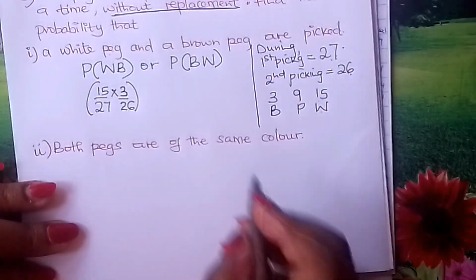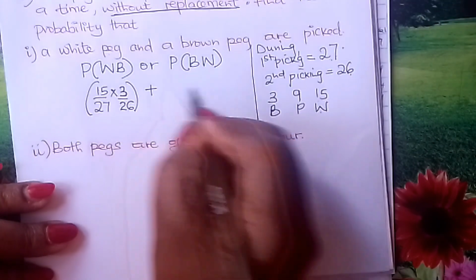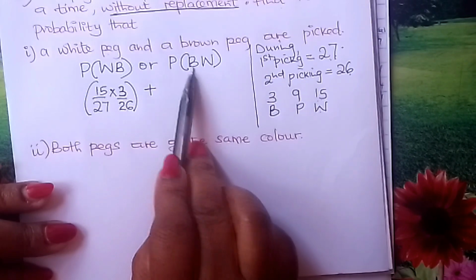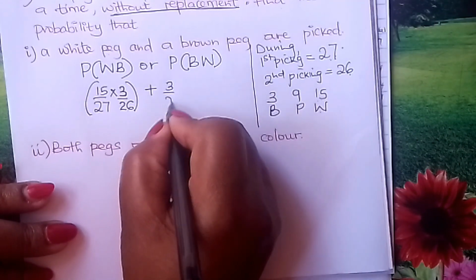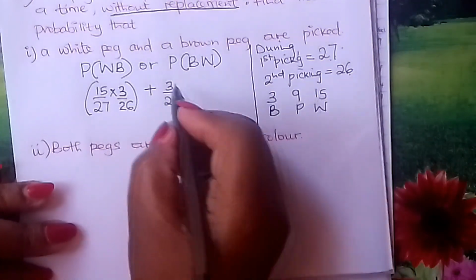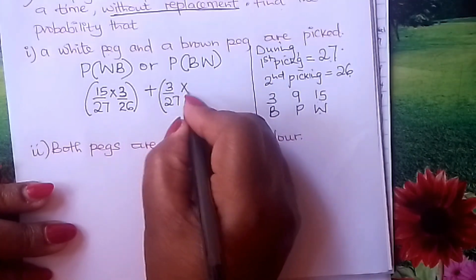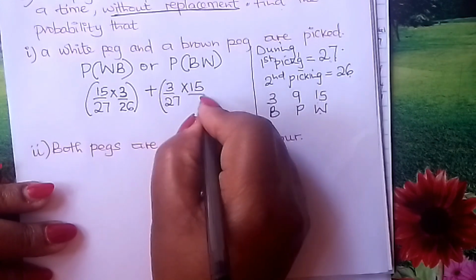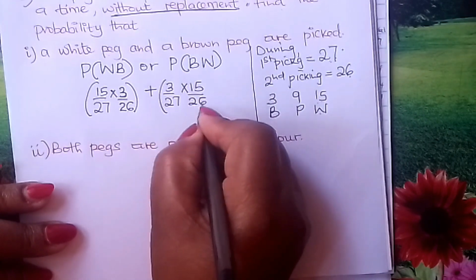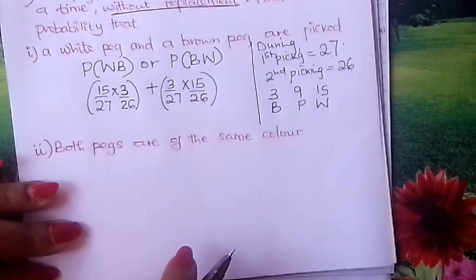Or you replace it with a plus. We go brown. Brown, there are 3 out of 27, first picking. Then you multiply by white. White, there are 15 out of 26, second picking. There we are.